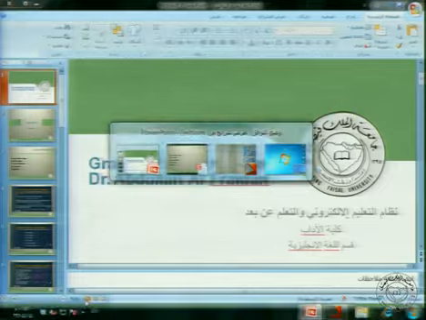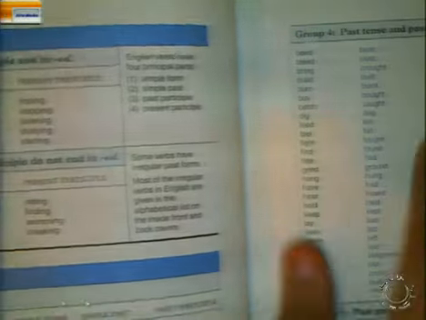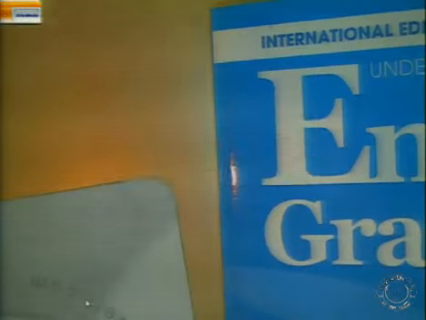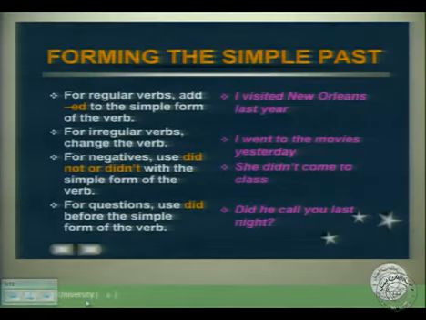So with irregular verbs, I think we have some irregular verbs here. Let me show you here, you see this is the cover of the book. On the first page you would see some irregular verbs, and if you go further, you will see on pages 20 and 21 some spelling rules that will help you in knowing how to use irregular verbs in the past tense.